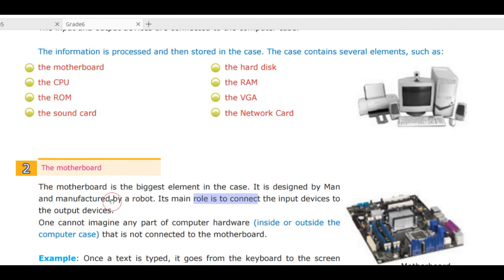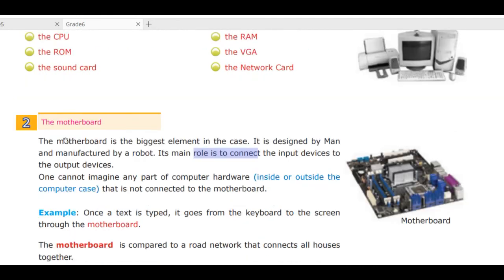We will start with the motherboard by explaining to them that it is the biggest element in the case. It is designed by man and manufactured by a robot, since the motherboard is really complicated and electronic components are placed in a critical way, such that man can't build it manually.